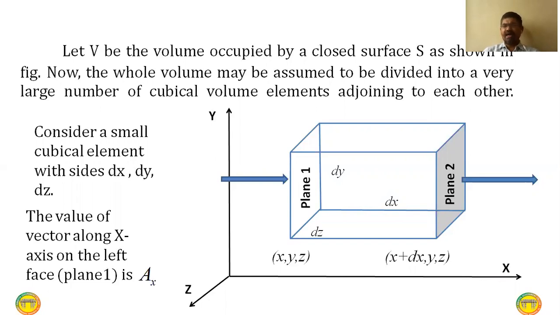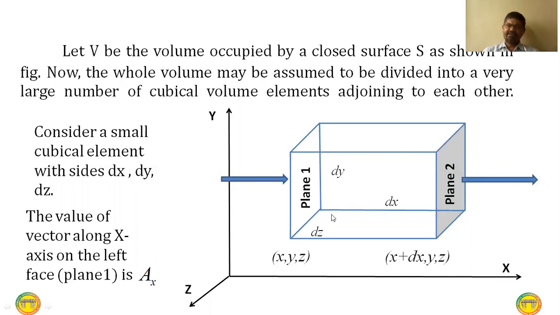There are n such small cubical elements in that volume V. Among them, for our consideration, we take a small cubical element whose sides are dx, dy, and dz, as shown in this diagram.